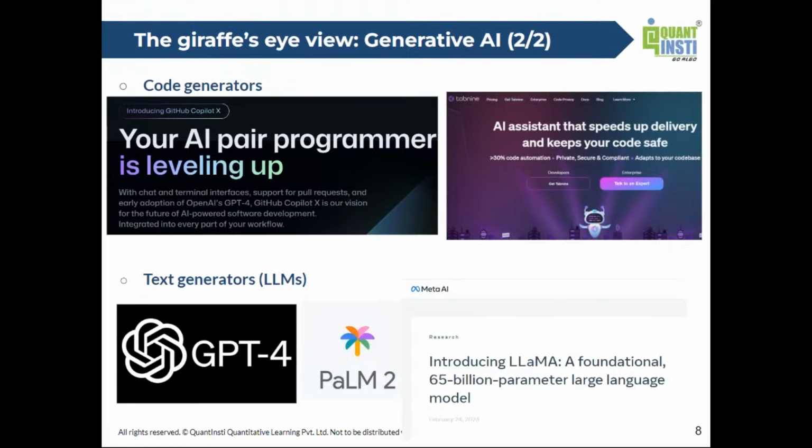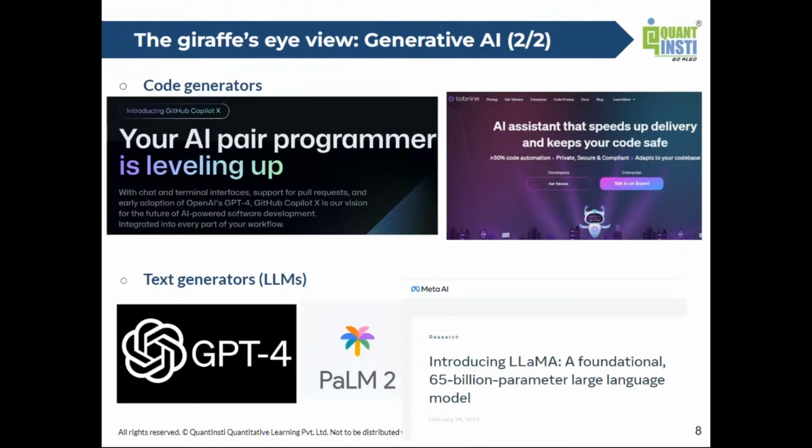Firms like GitHub have products like Copilot, which allow you to program and work on applications where you have an AI helper along with you, right? So it's called Copilot. You have companies like Tab9, which also provide similar kinds of services. So again, these are different types of content that get generated specific to the needs of the user.